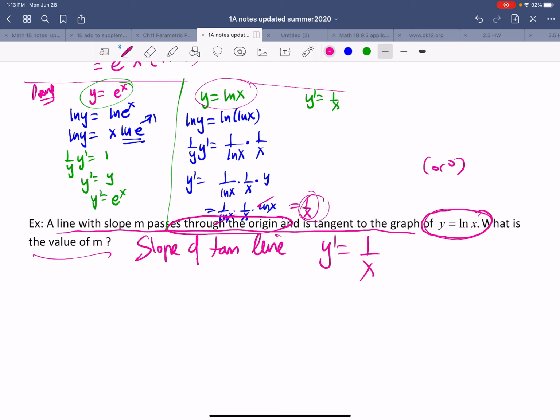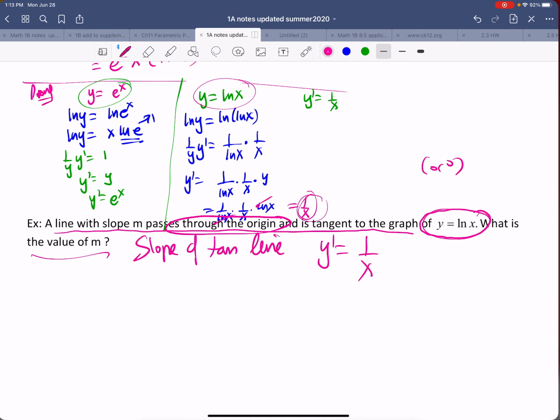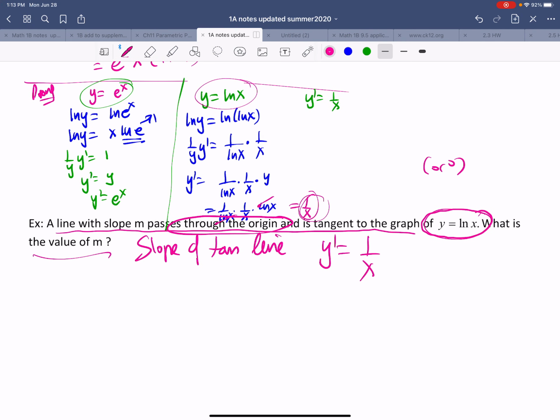Let's say it's point A, with the value of m we're thinking about. So what we can say is y prime is 1 over x. We already see that.